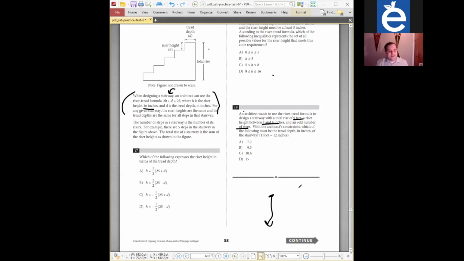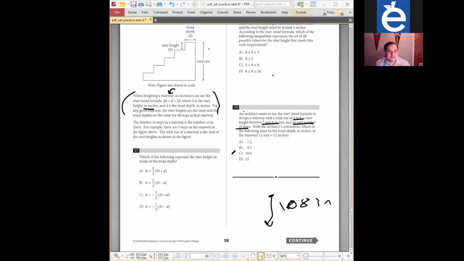So 9 feet, we do 9 times 12, which gives us 108 inches, our total height. Now it says it wants a riser height between 7 and 8 inches, but that also has an odd number of steps.